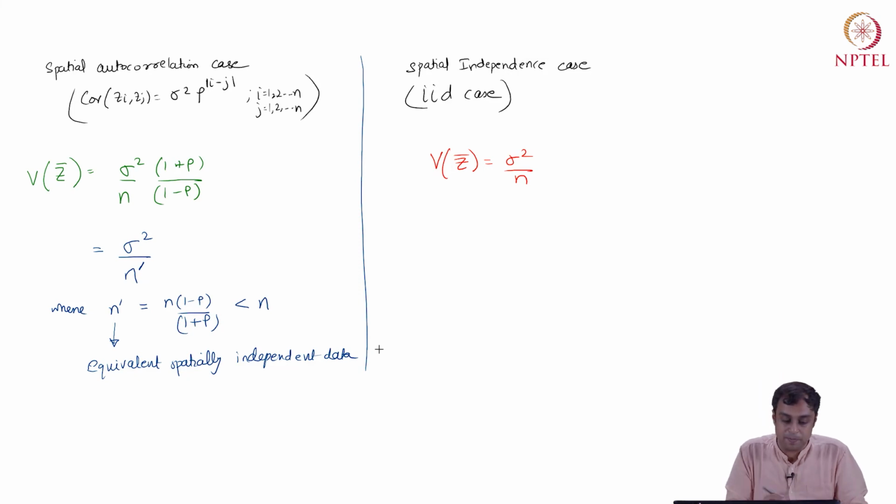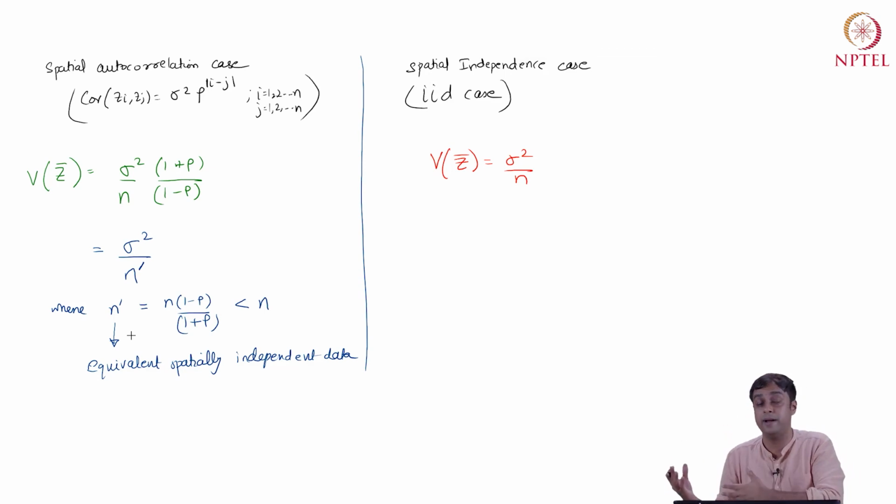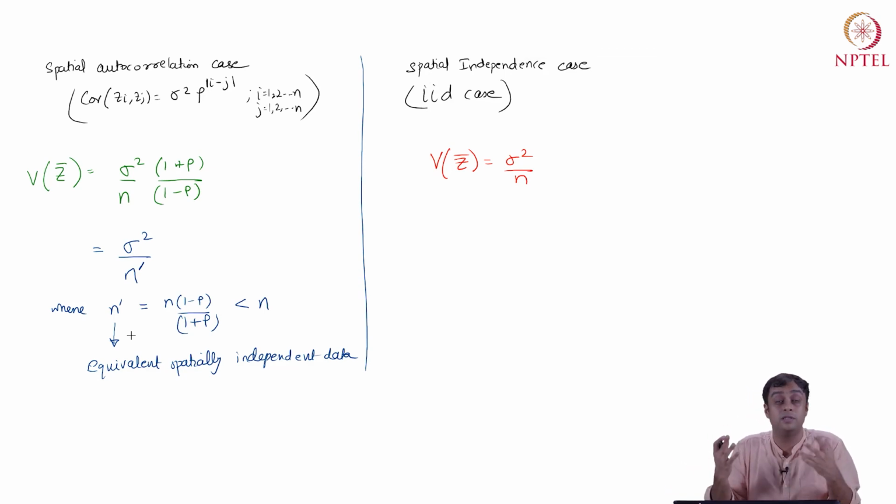And because n prime is less than n, the variance of Z bar will be higher when you have spatial dependence relative to when you did not. That says there is going to be higher error in how good a guess Z bar is of the population mean.